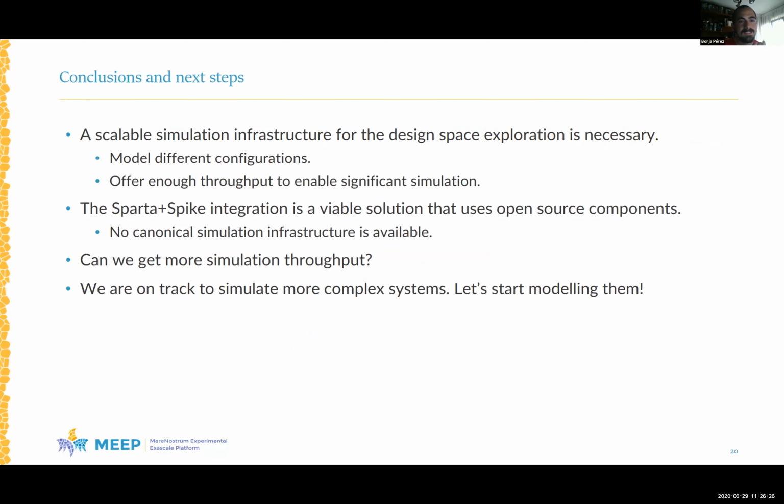However, there's no canonical simulation infrastructure that allows us to do this. And maybe this is somewhere that the RISC-V Foundation should focus, because as I said, this is necessary. However, with our work in the Sparta plus Spike integration, we think that we are getting somewhere, that we are on the right track to get a simulation that enables architects to do design space explorations.